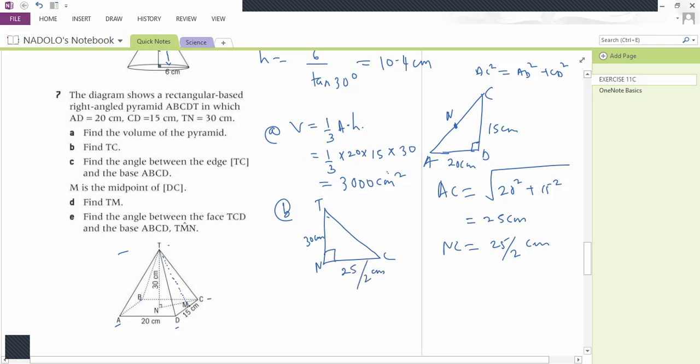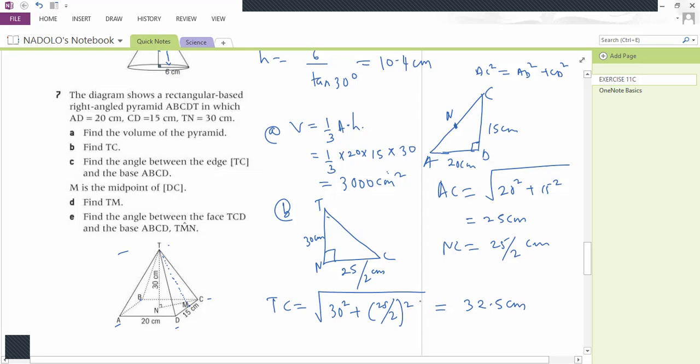This is 30 centimeters. So it is easier for us to get TC by using Pythagoras theorem, which will be the square root of 30 squared plus 25 over 2 squared. Use your GDC, 30 squared plus 25 over 2 squared. And then if you do the square root of that, that should give you an answer of 32.5 centimeters.